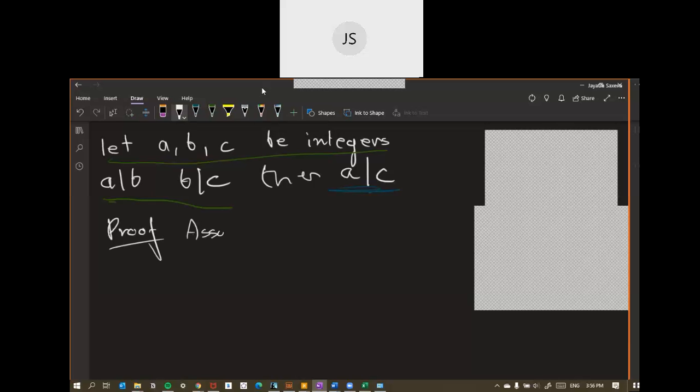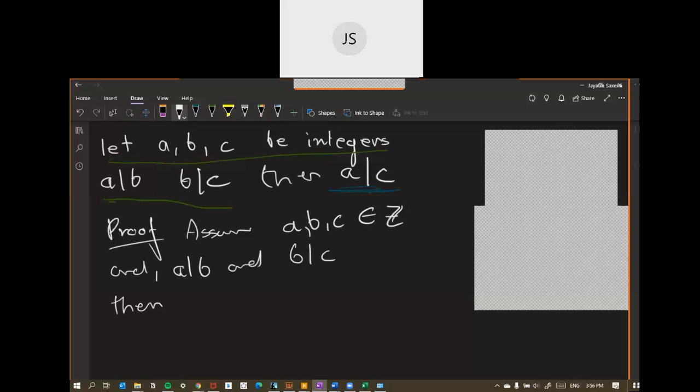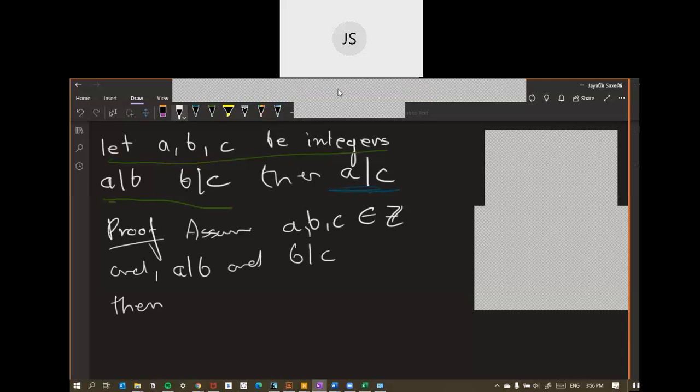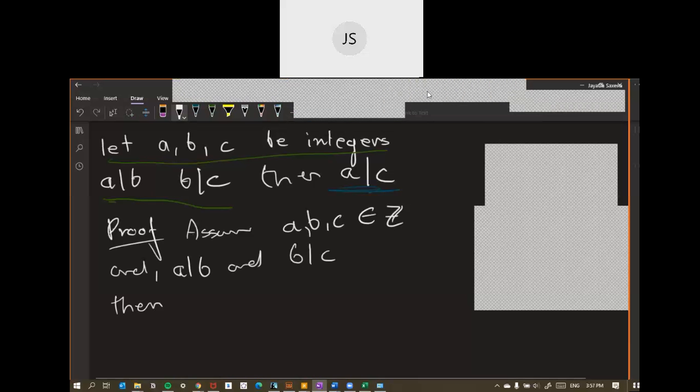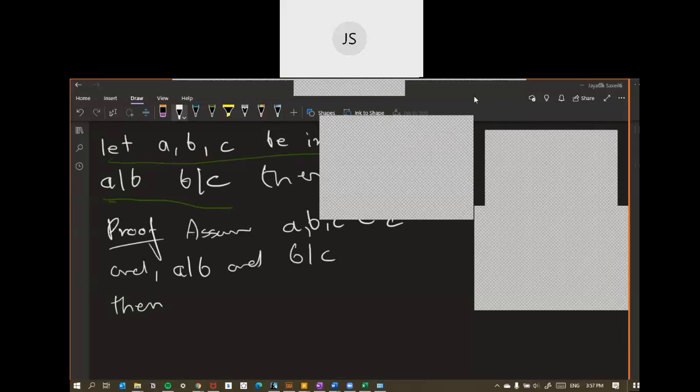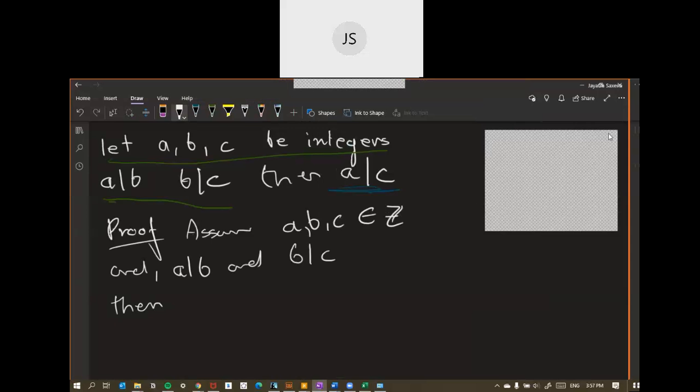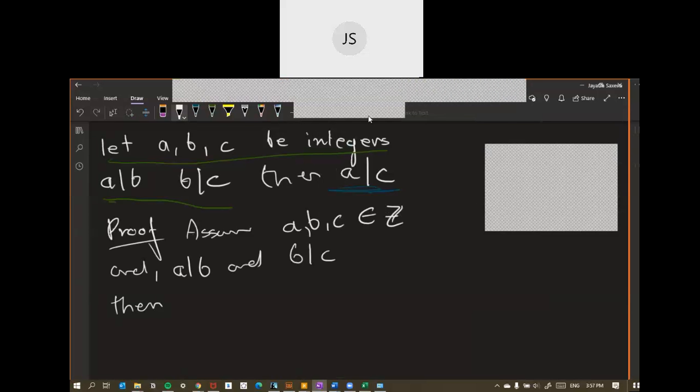Assume A, B, and C belong to the integers, and A divides B, and B divides C. Then we know by divisibility that A divides B and B divides C. So we can write this as B is equal to A times K for some integer K.